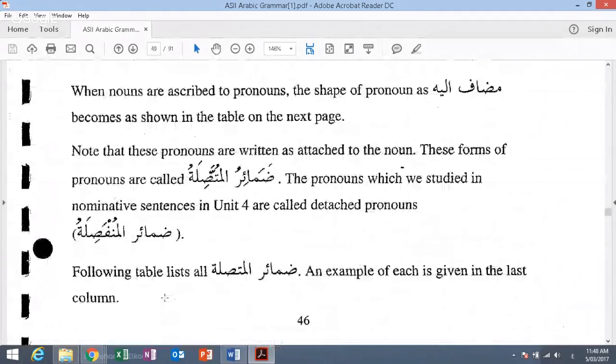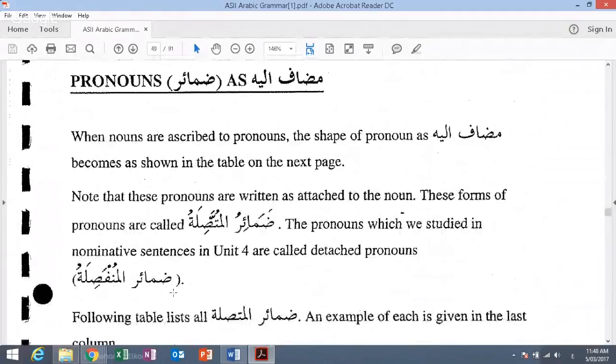Okay, now what we are going to say about the dhamir majroor muttasil. You remember I taught you about the dhamair. Who is going to repeat? You say marfu. Dhamir marfu has two: muttasil and munfasil. Then dhamir mansub has two: muttasil and munfasil. And dhamir majroor has only one, which is muttasil.